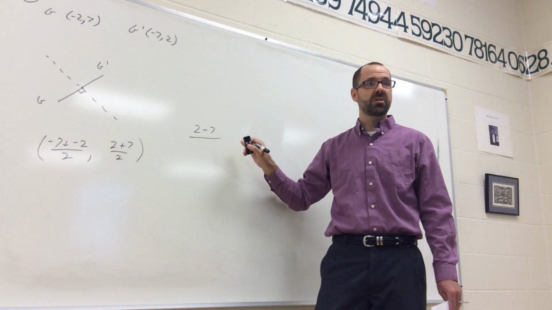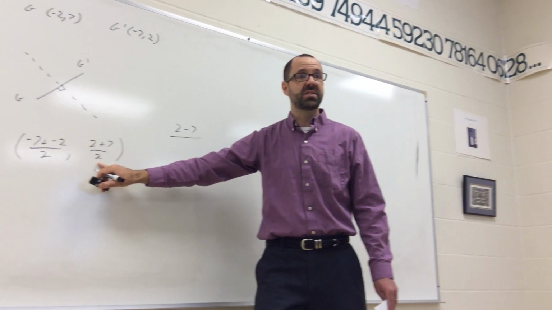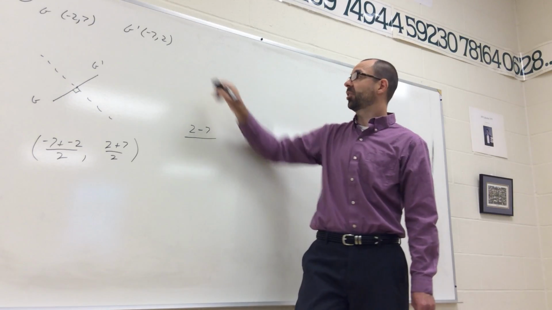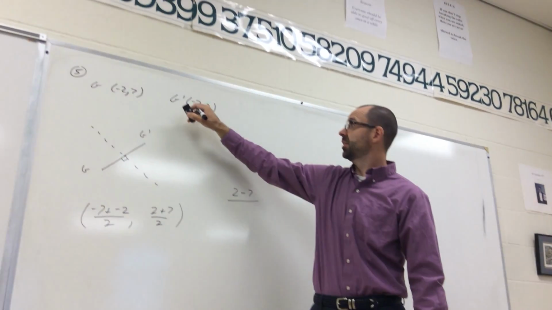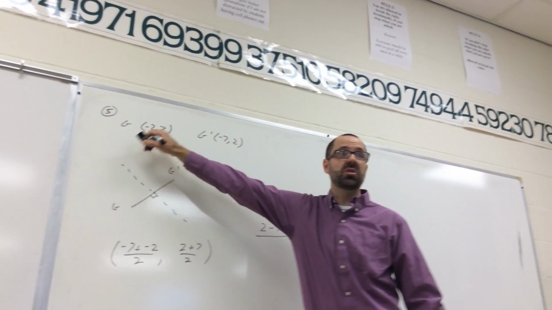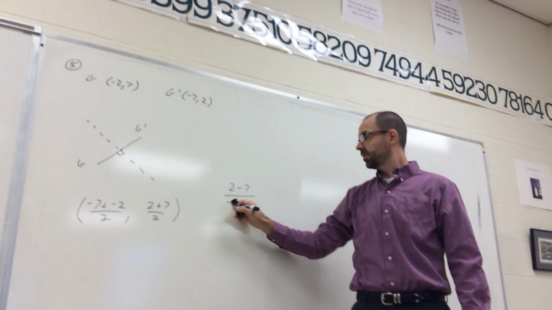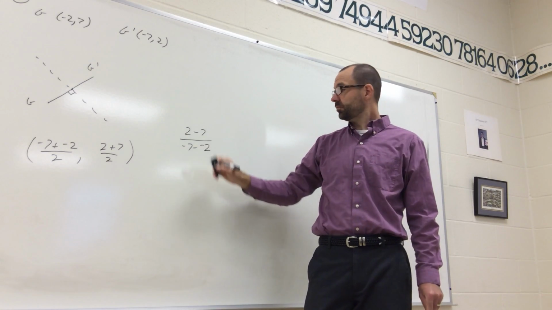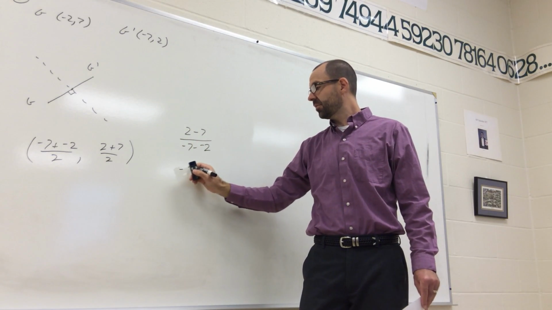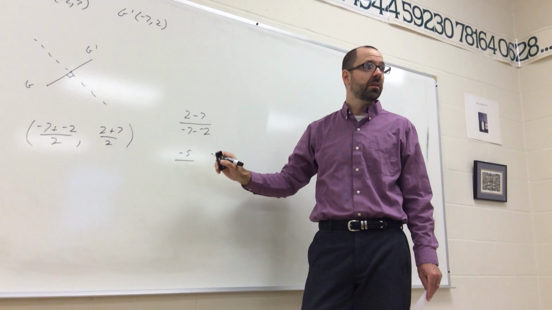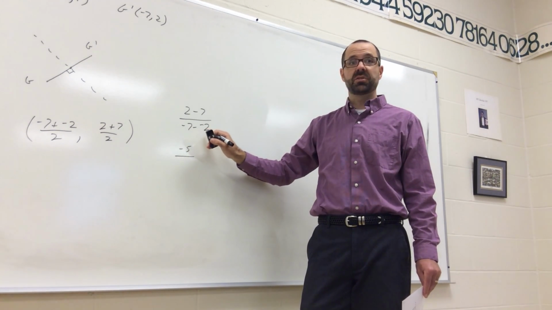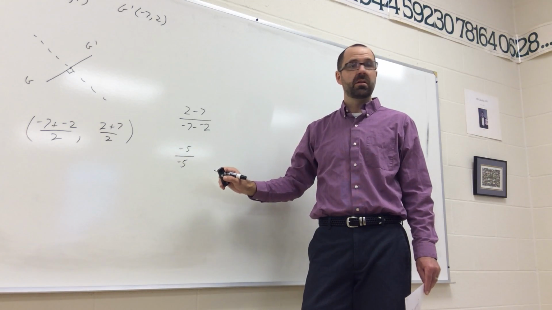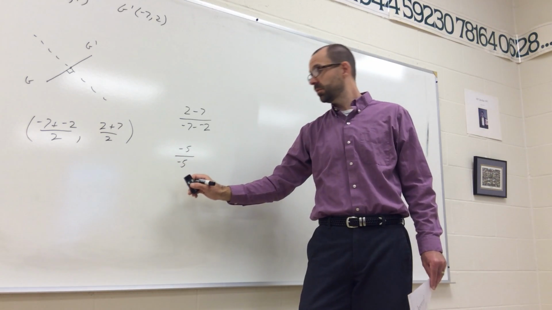Addition, subtraction, y is second, y is first. All right, so I got 2 minus 7, and then negative 7 minus negative 2 goes on the bottom. Two minus 7 is negative 5. Negative 7 minus negative 2 is negative 5 as well. So that divides out to be 1.